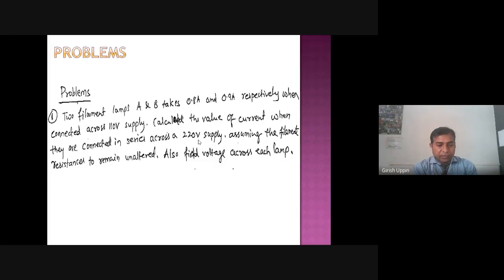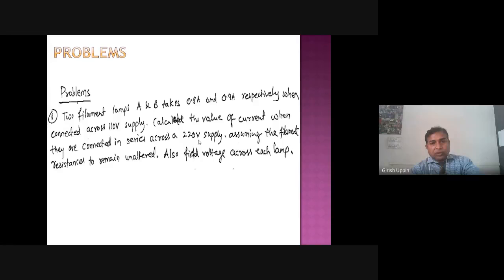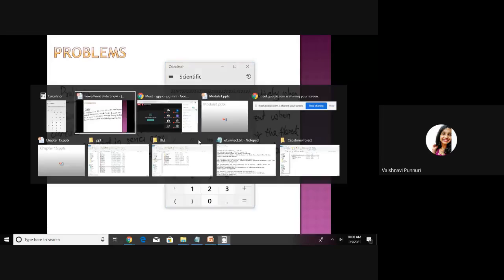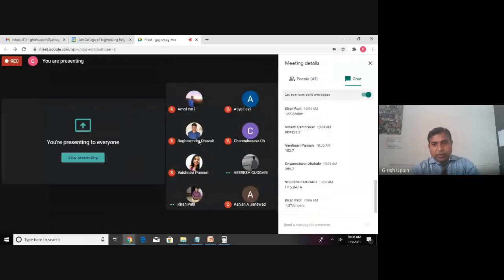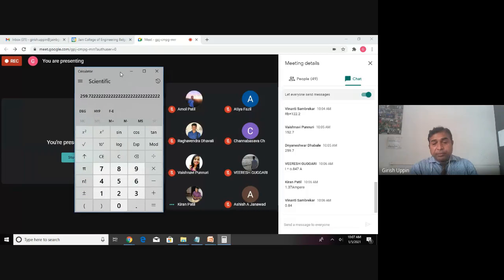What is the current? 0.84. Very good. Once you get 0.84, how do you calculate the voltage across lamp A and lamp B?